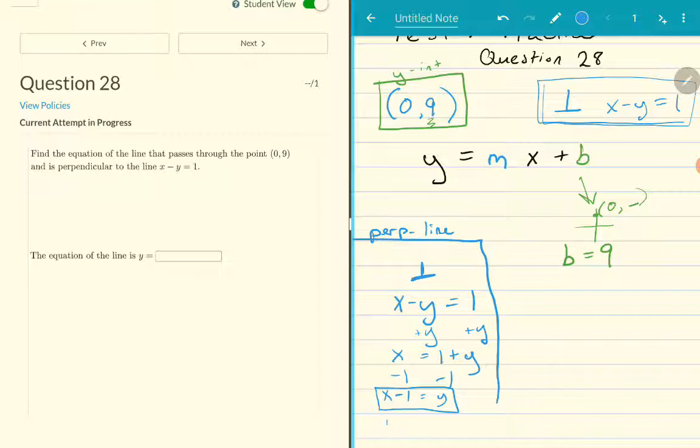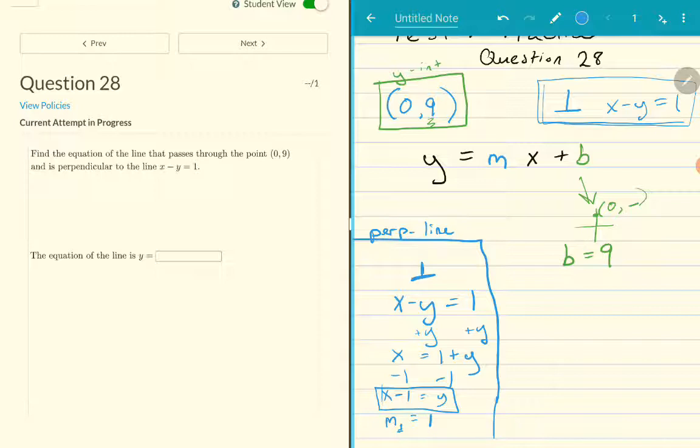I can see that I'm looking at y equals x minus 1. So the slope of the perpendicular line is the number right in front of the x, which is an invisible 1. I don't even care about the y-intercept. I really just want that slope. That was the only reason to rearrange that line.